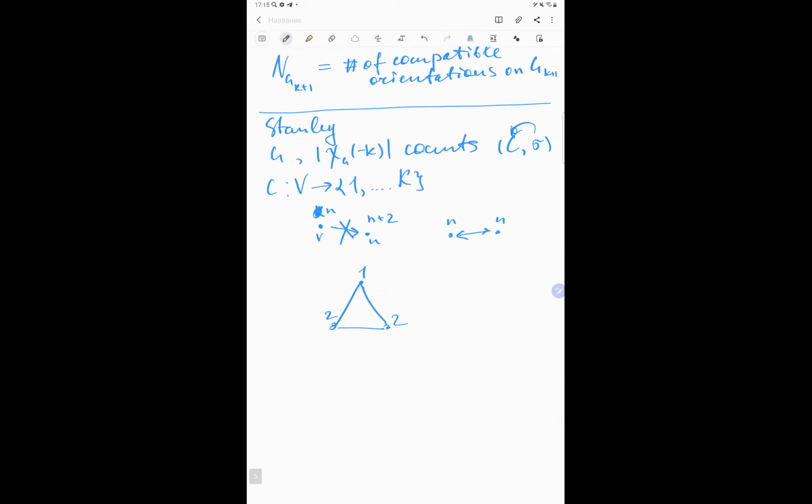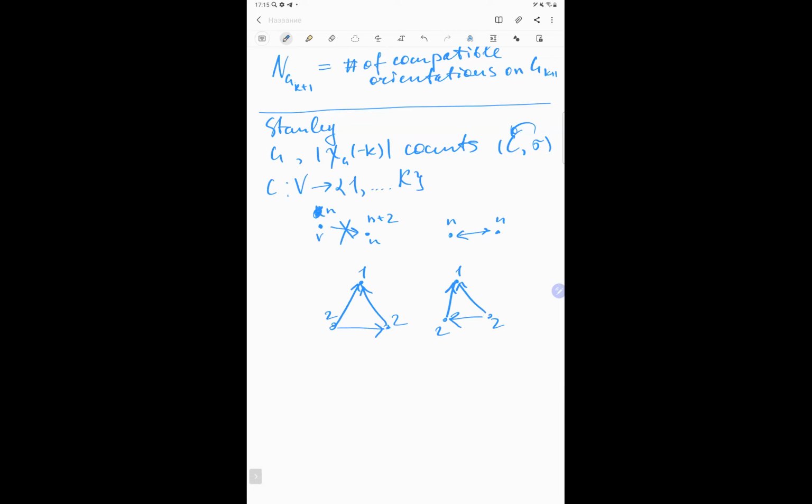We are counting acyclic orientations compatible with colorings of the vertices in K colors. So for this coloring, we have two orientations. Two compatible orientations. Yes. Maybe now it's more clear.